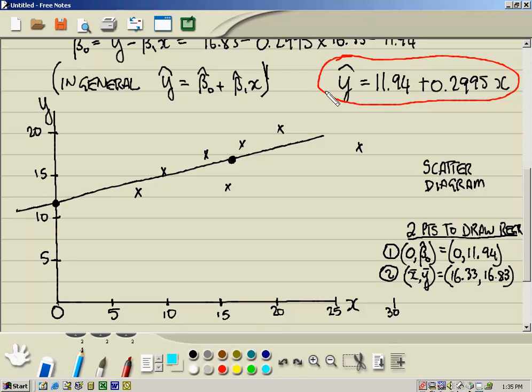Alright, so we have the estimated equation here, and the graphical representation of the equation is there. Make sure that your points are scattered around the line, or vice versa, that your line goes through the points. Alright, this is our scatter diagram, and we'll now stop this movie and then get ready for our next section.